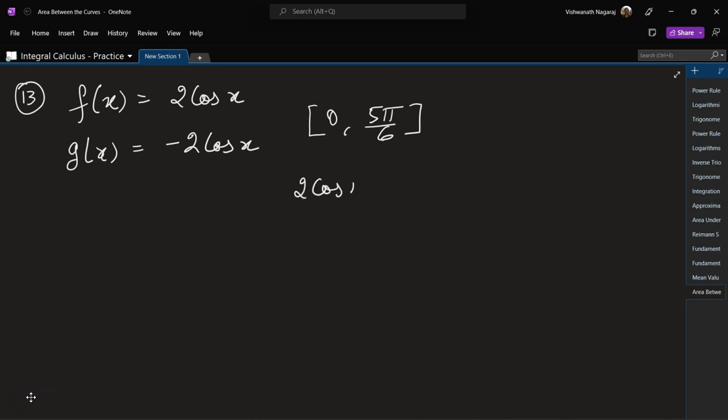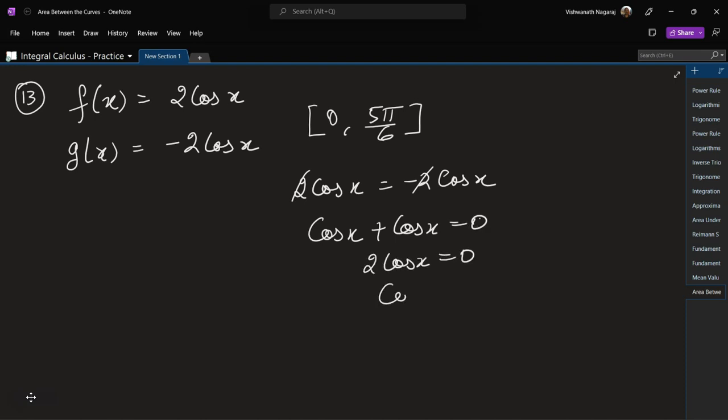So 2 cos x is equal to minus 2 cos x. 2 and 2 cancel, so cos x plus cos x equal to 0. 2 cos x equal to 0, which means cos x equal to 0, which means x is equal to pi by 2 and 3 pi by 2. Okay.